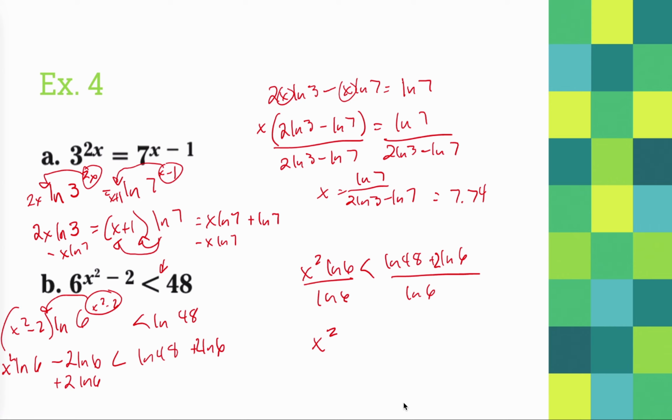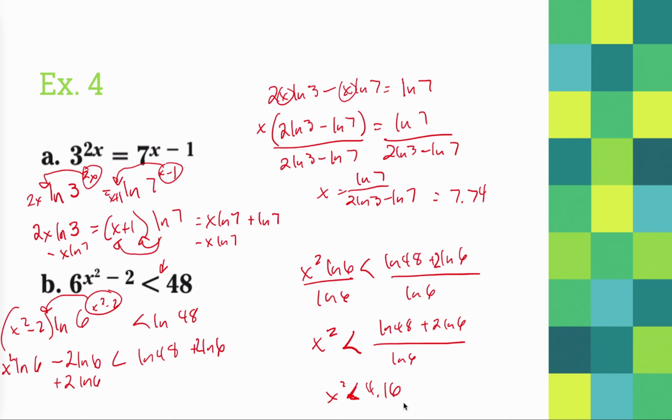So x squared is less than ln 48 plus 2 ln 6 over ln 6. So that gives us x squared is less than 4.16. And if we do the square root of that, that ends up being 2.04.